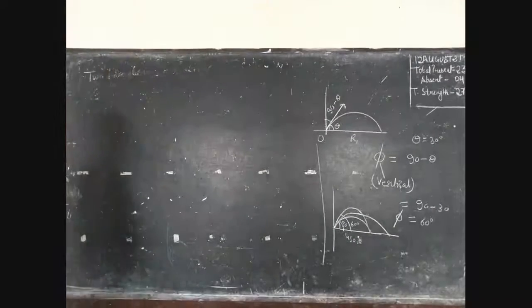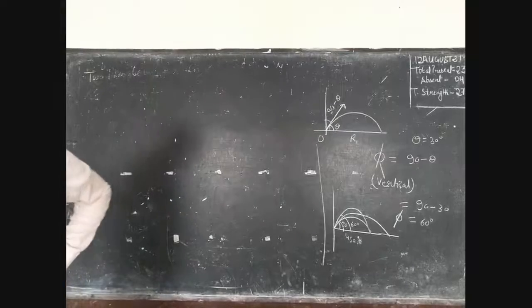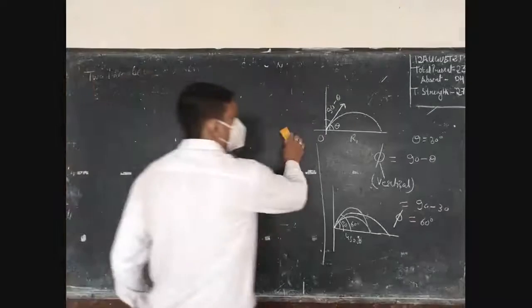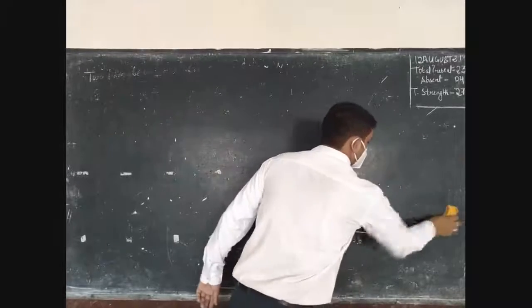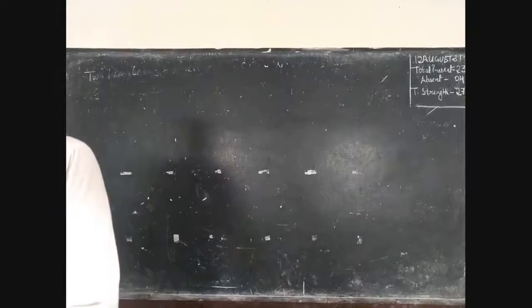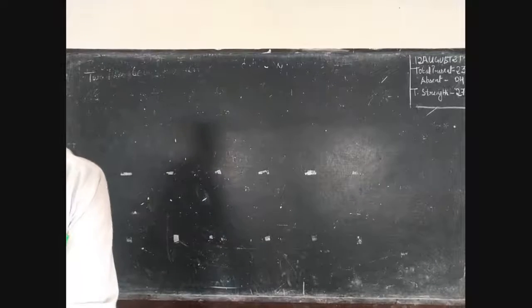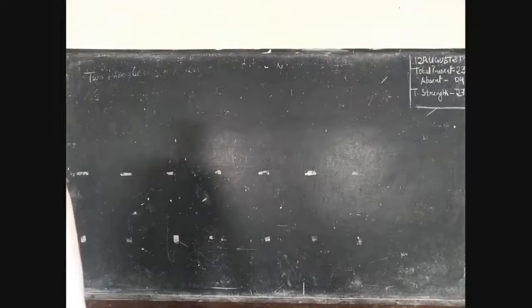Right, the next point is horizontal projectile. The thrown particle is considered horizontal if the projectile is thrown from an upward or higher point to the ground.